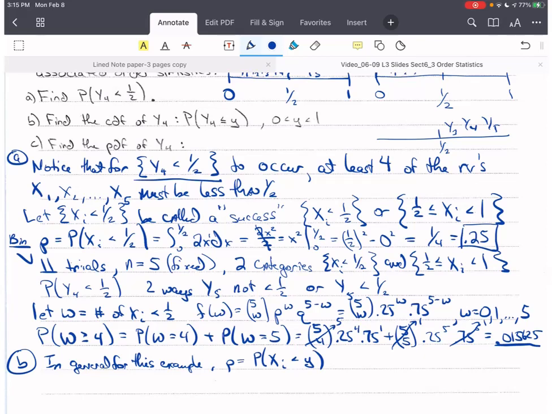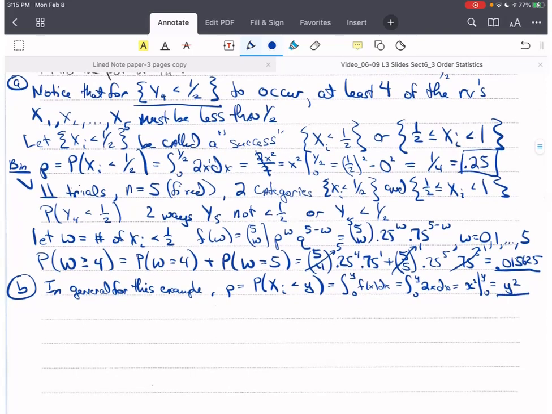So we're in the range of y, which is also the range of xi, okay? And so this is equal to the integral from 0 to y of f of x dx, which is equal to the integral from 0 to y of 2x dx equals x squared from 0 to y equals y squared. Okay. And so this is the probability that xi is less than some value y.